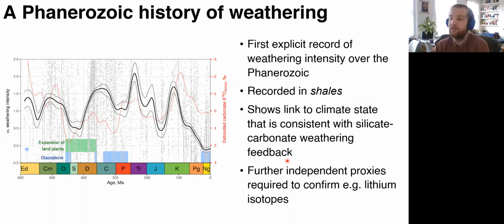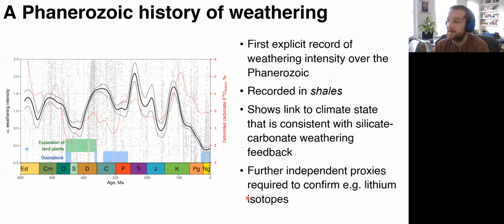I think this is a really great data set, but what would be really interesting would be to see this confirmed with another independent proxy. So for example, lithium isotopes or some other weathering proxy stored in carbonates. But for now, this is exciting because it appears to indicate a link between climate and weathering intensity as you would expect with the silicate carbonate feedback.